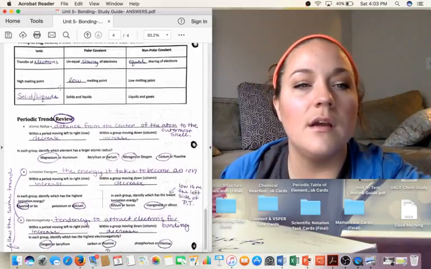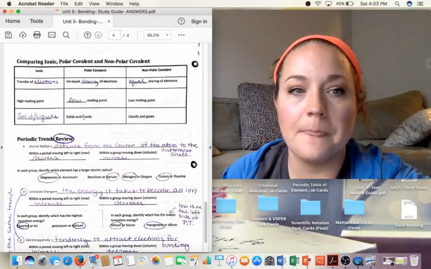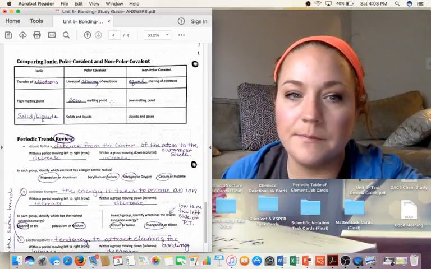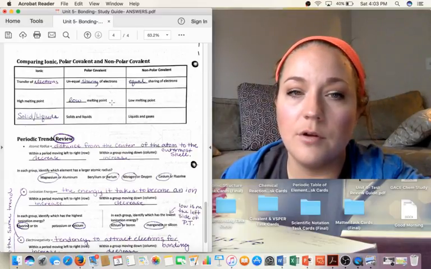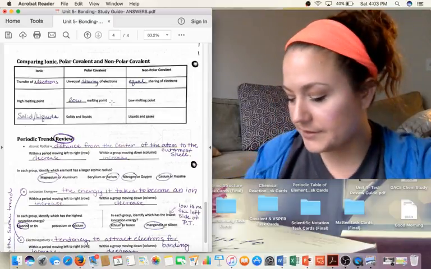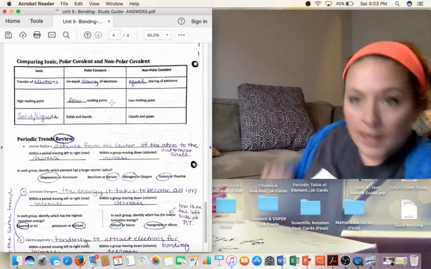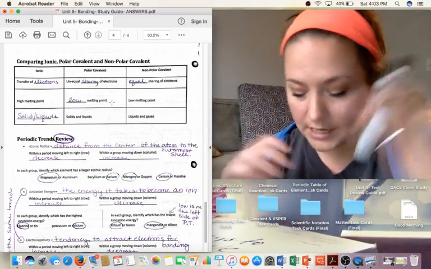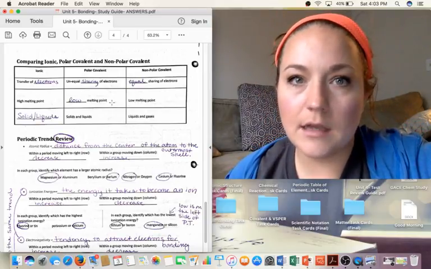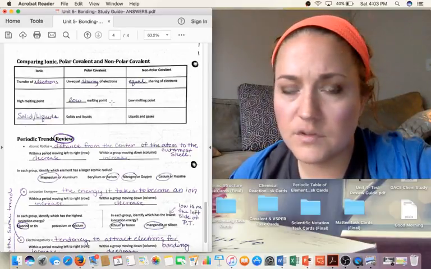All right. With ionic, they have really high melting points. Polar covalent is going to have a low melting point. Also, non-polar is going to have a low melting point. Let's think about this for a second. If I was to take pure table salt and put a whole pot of it on the stove, it would take a very high temperature to melt that pure salt.